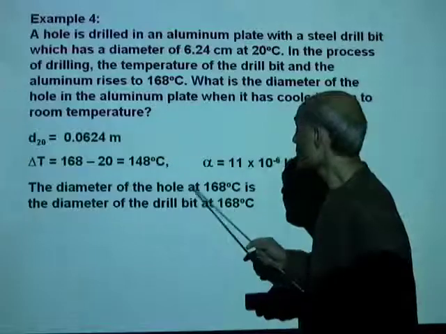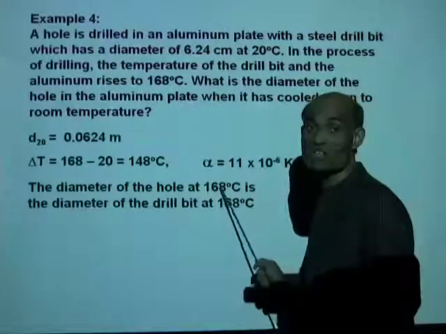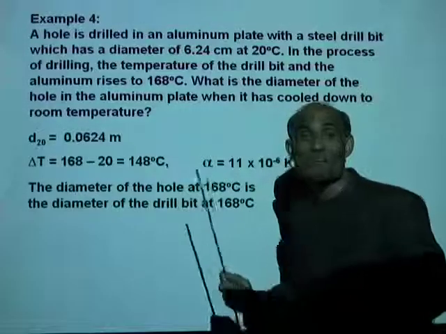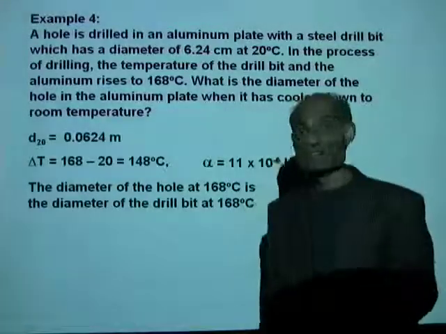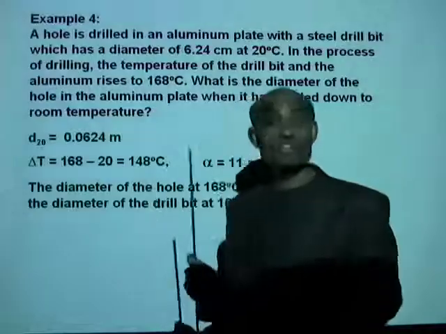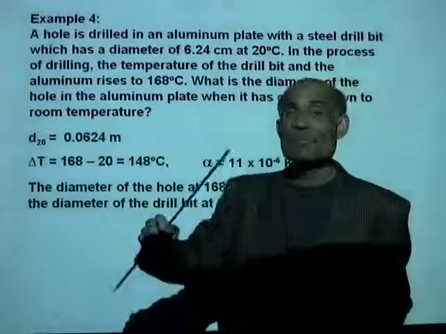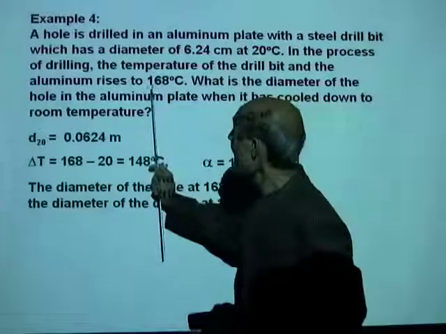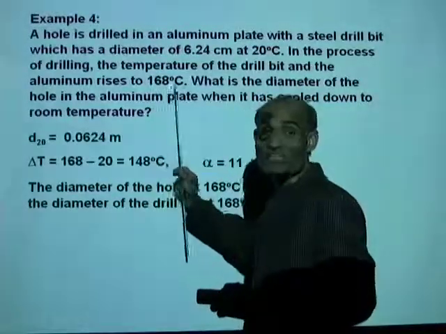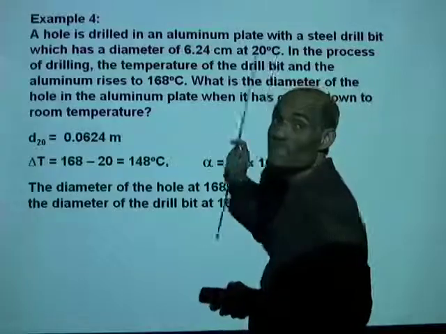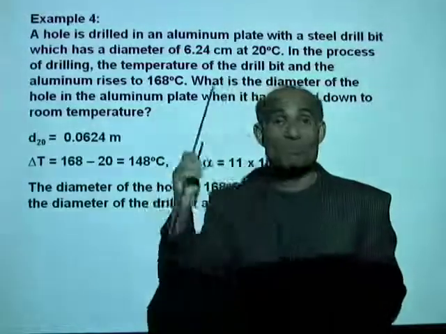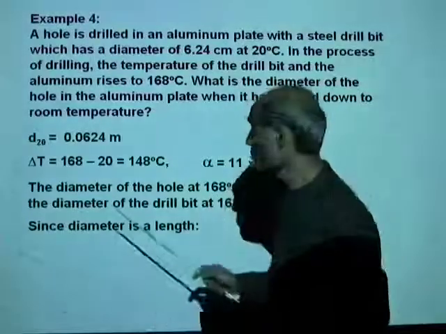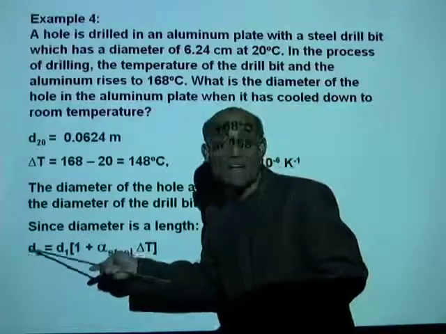The diameter of the hole at 168 degrees Celsius is the diameter of the drill bit at that temperature. So we can use the equation L168 equal to L20 times 1 plus alpha delta T. And in place of L, we can use D, diameter.